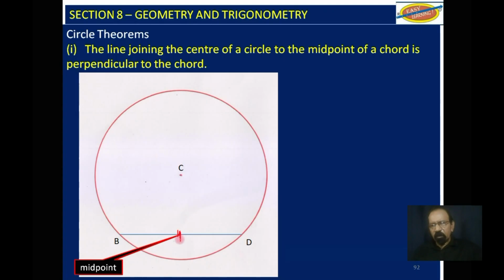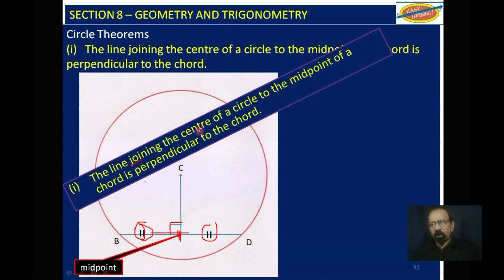So if this is the midpoint, it means that those two sides there are equal of that chord BD. If we draw a line from C to this midpoint, that line will be perpendicular to the chord. Conversely, the chord is perpendicular to that line provided these two are equal.